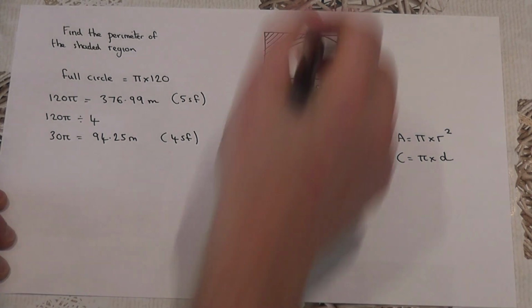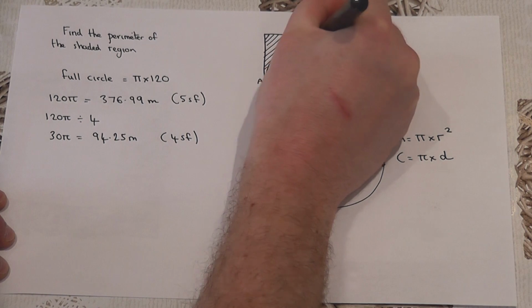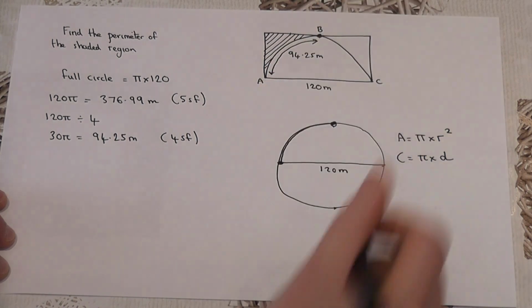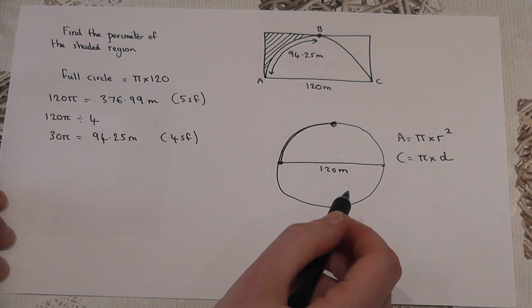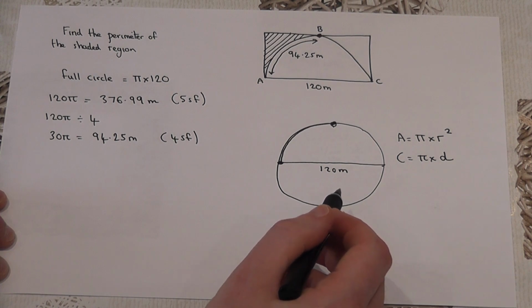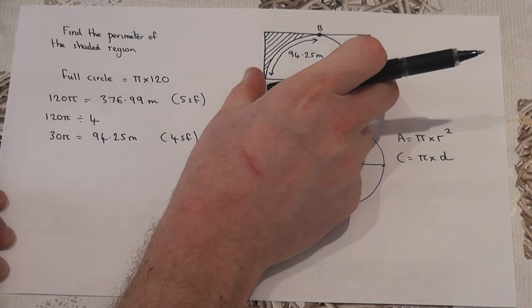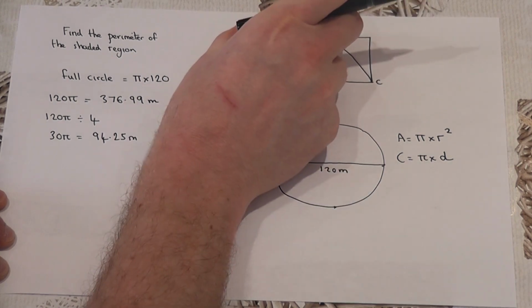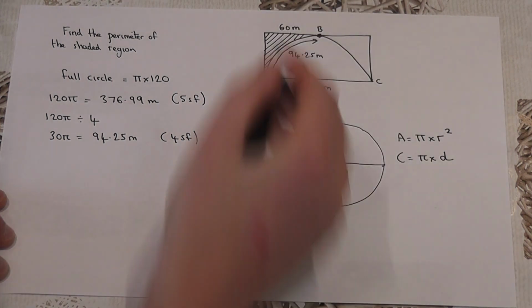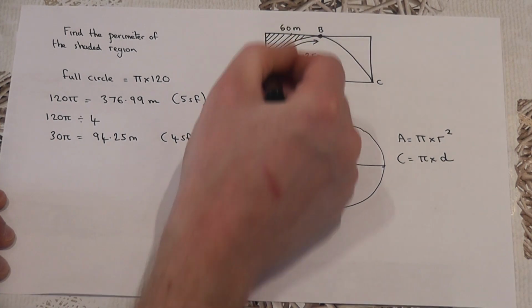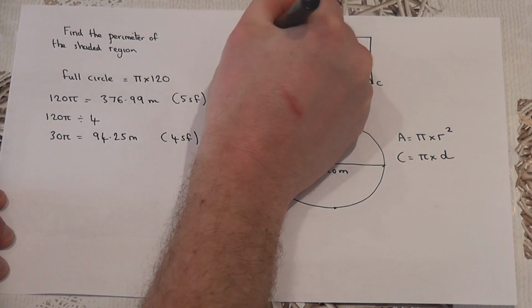Now we know that this distance here is 94.25 metres, but I want the full perimeter. This now comes to the symmetry of this rectangle. If the whole distance is 120 metres, then this distance here must only be 60 metres. And due to symmetry, if that's 60, that must also be 60 metres as well.